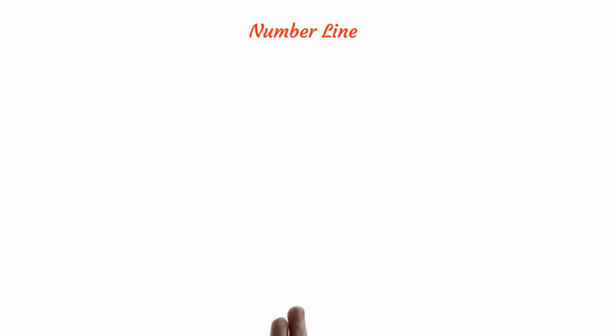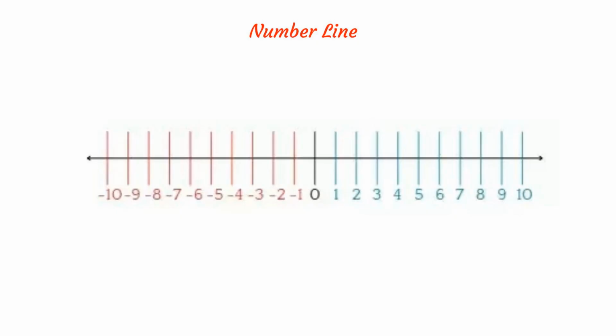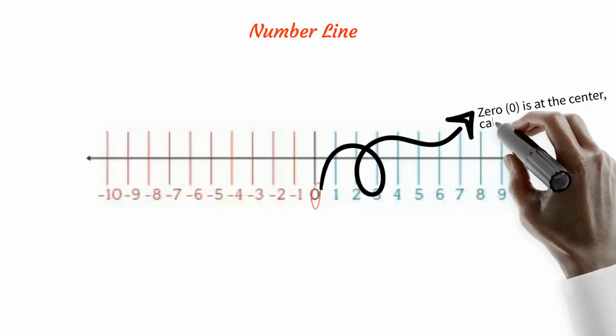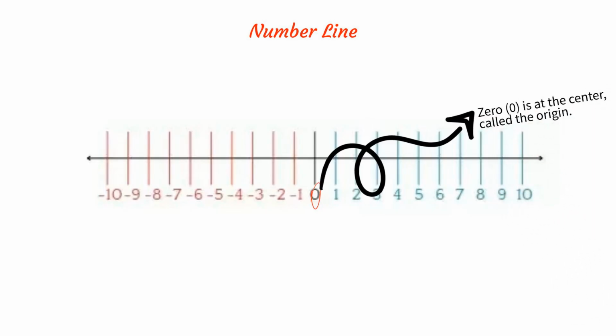Let's look at the basics of a number line. Look at this number line. What can you say about it? The first thing we notice is that zero is at the center, and that zero is what we call the origin.